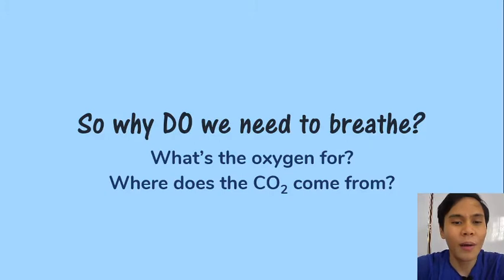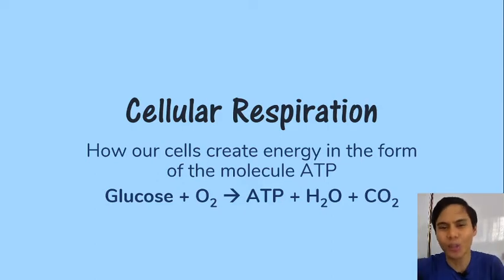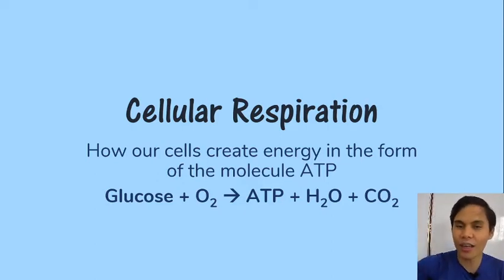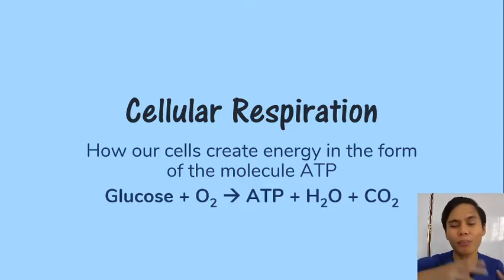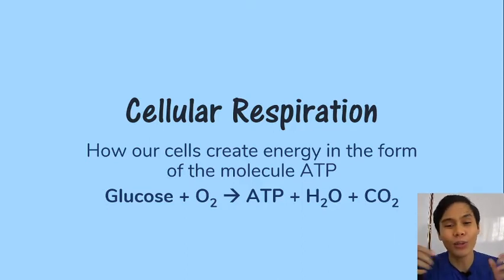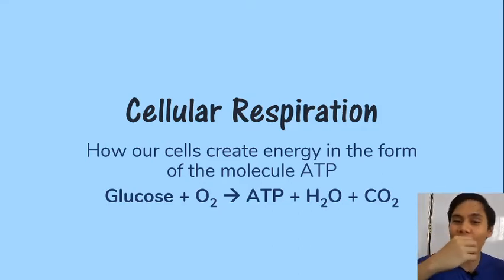This can be best explained using cellular respiration. This is a process that our cells do to make energy for our body. The energy that our cells make is ATP, or adenosine triphosphate, and we get that by breaking down sugars such as glucose. So glucose is broken down using oxygen gas, and you get ATP, water, and carbon dioxide.